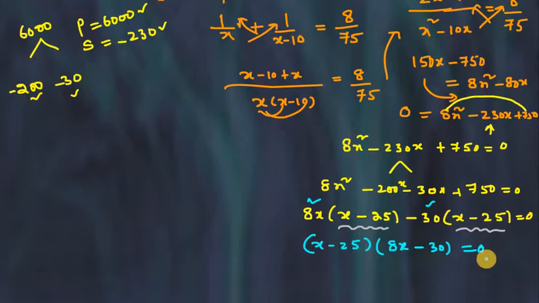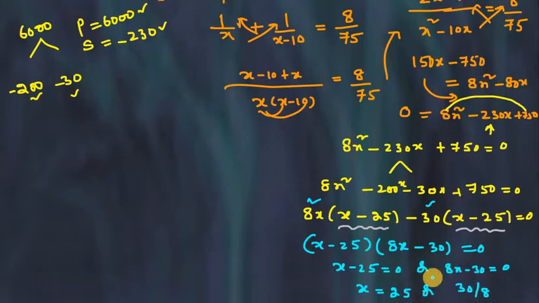If AB is equal to 0, A is equal to 0 as well as B is equal to 0. So x minus 25 is equal to 0, or 8x minus 30 is equal to 0. So x is equal to 25, or here you are getting 30 by 8.